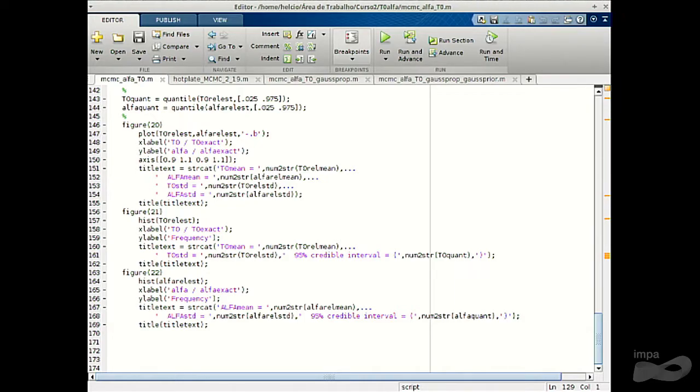One moment. We are running 20,000 states. And although this is very fast, this is not a fast computer.